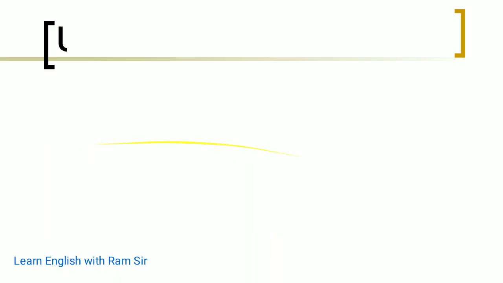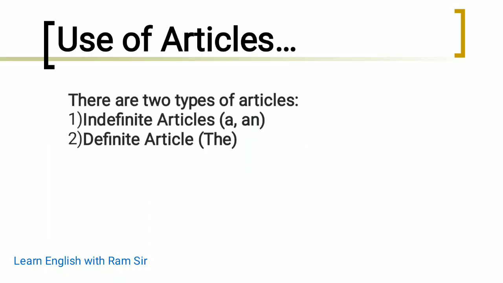Before starting the actual part, how to use the articles, let me tell you one thing: articles have two categories, indefinite articles and the definite article. In the indefinite category we have two articles, a and an, and in the definite category we have just one article, that is the.